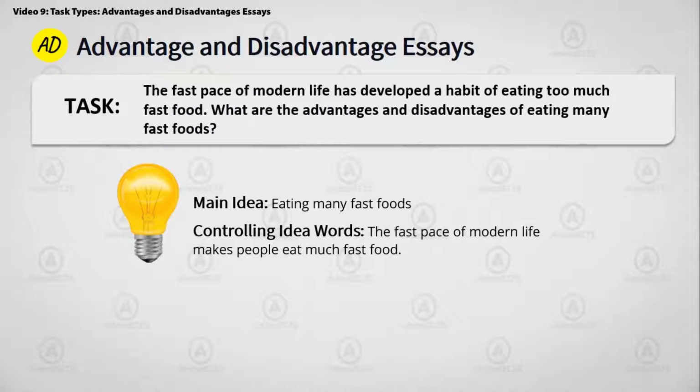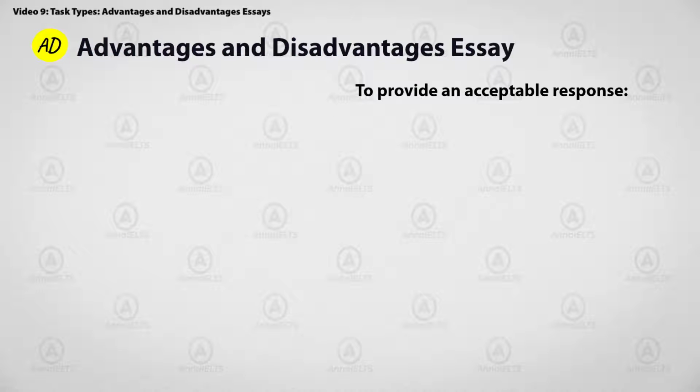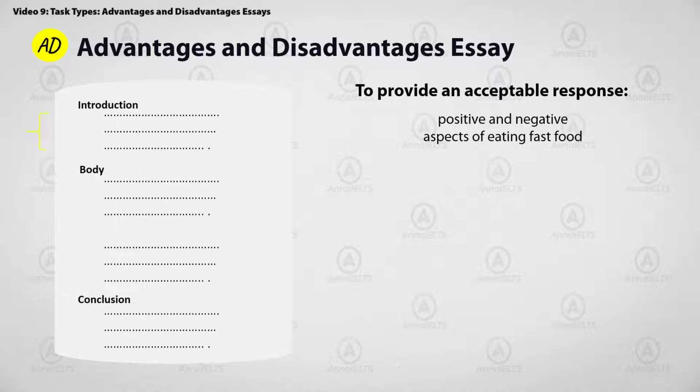The task says the fast pace of modern life makes people eat much fast food. And instructional words: what are the advantages and disadvantages of eating many fast foods? To provide an acceptable response, you have to write about the positive and negative aspects of eating fast foods.